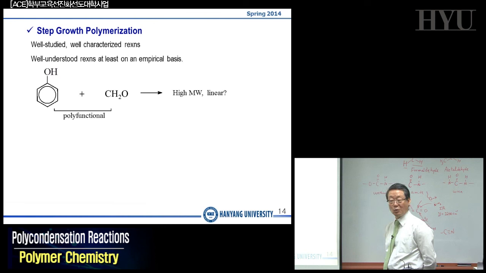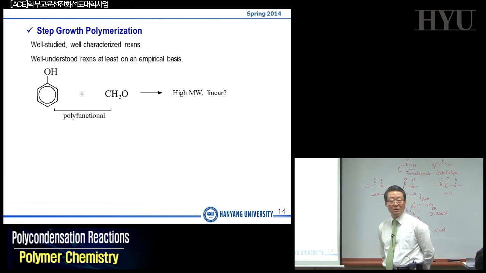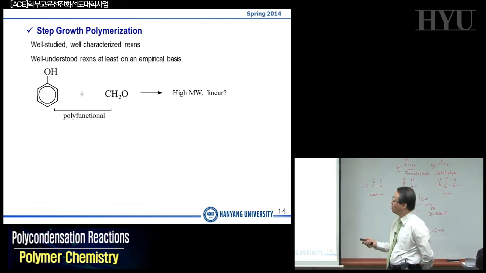What is the electron density? If you look back at your organic chemistry textbook, if you have alcohol or phenol, there are some reactivity directing sites, right? If you have a hydroxyl group, it will be an ortho para directing group.